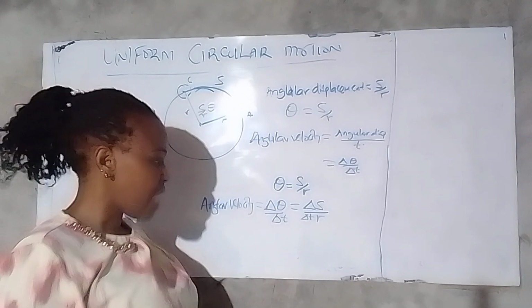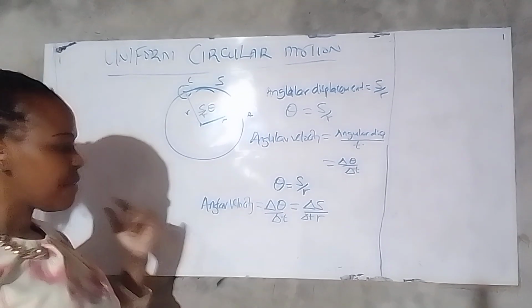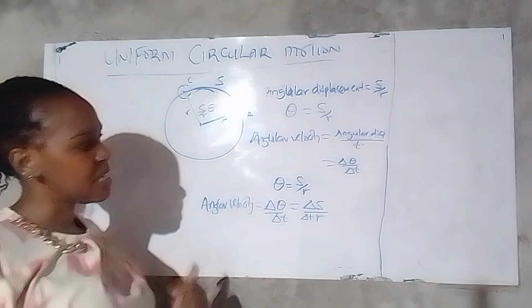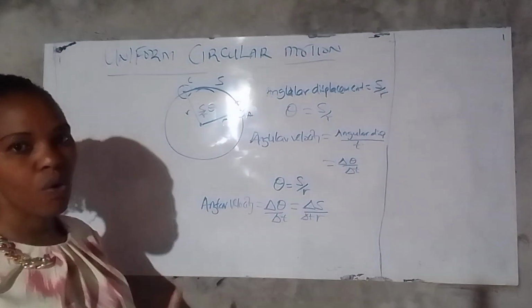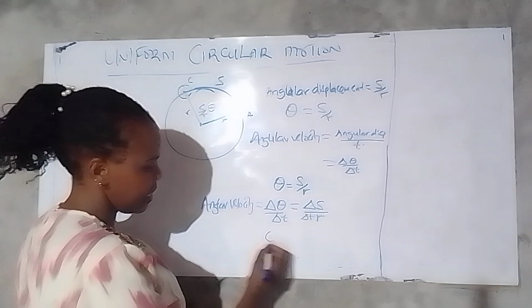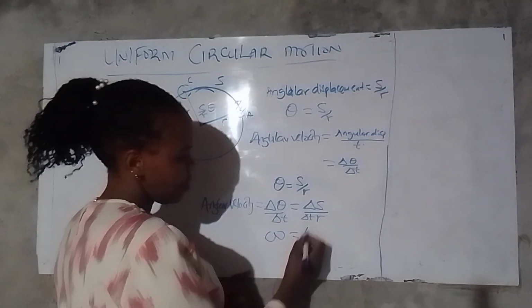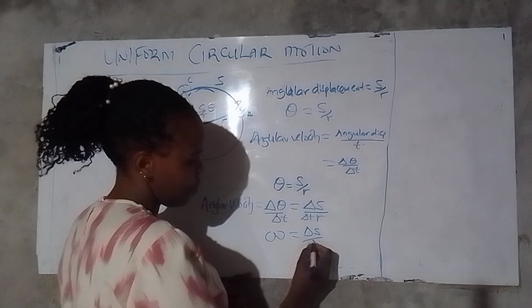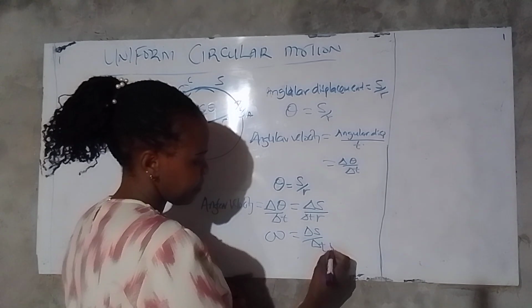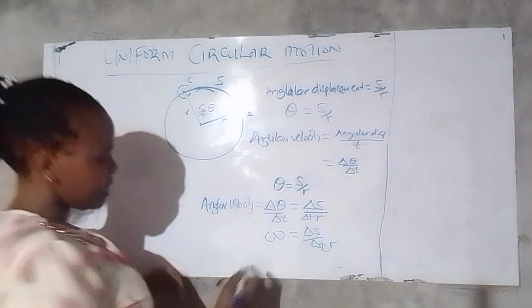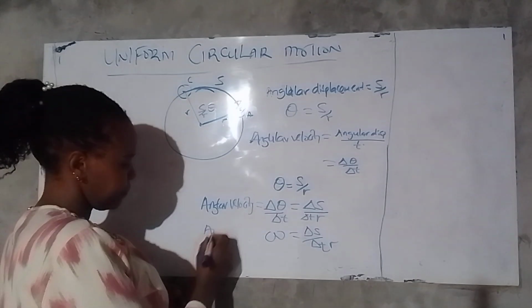Now angular velocity, we give it a symbol. We give it the symbol omega. We write it like that. Omega equals delta s over delta t r. Okay, so this is our angular velocity.